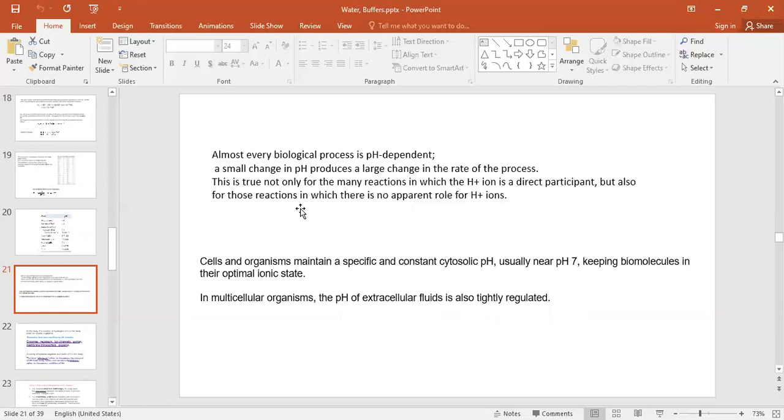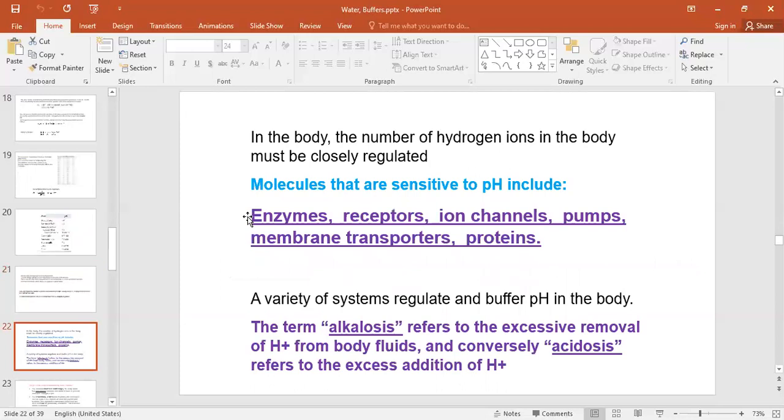So we can say that in a multicellular organism, pH of extracellular fluids is also tightly regulated. So why? Because there are molecules sensitive to pH, and these molecules are enzymes, receptors, ion channels, pumps, membrane transporters, proteins.